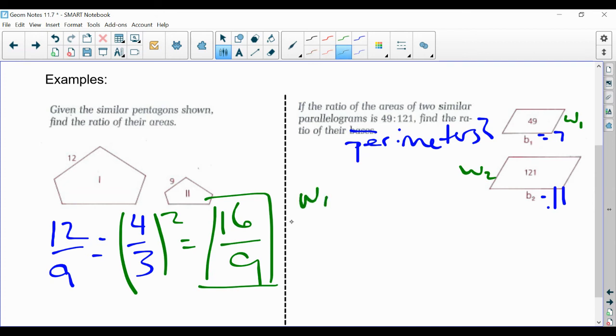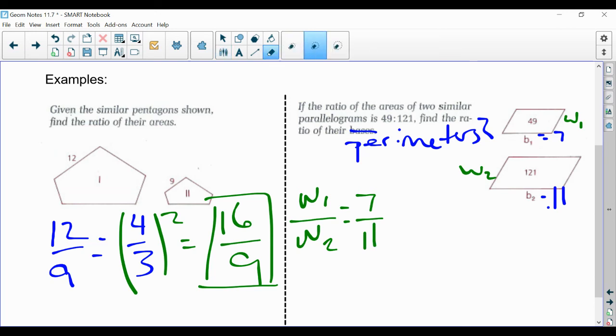So the ratio of width 1 to width 2 is also going to be 7 to 11. I don't really know what width 1 and width 2 are as far as numbers go, but let's call them 7x and 11x, where x is whatever common number I'd have to multiply by 7 to get W1 and by 11 to get W2.